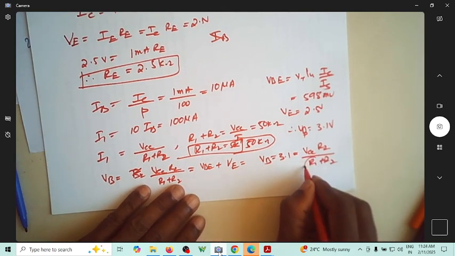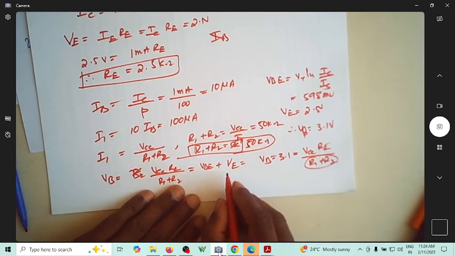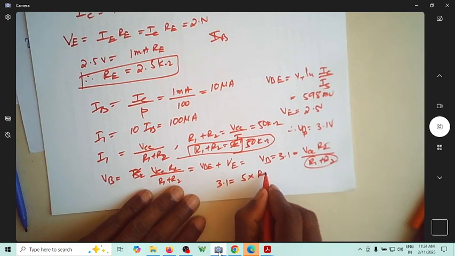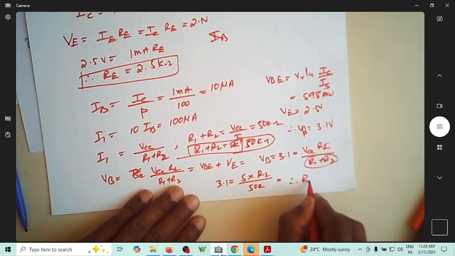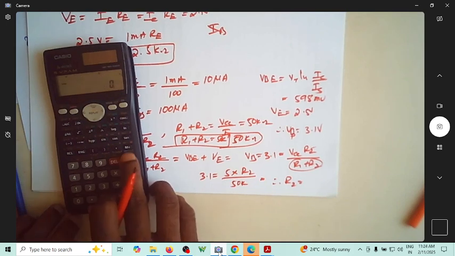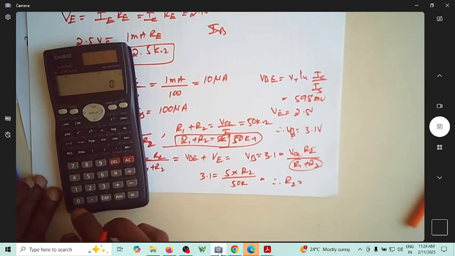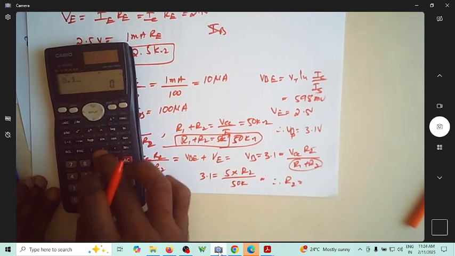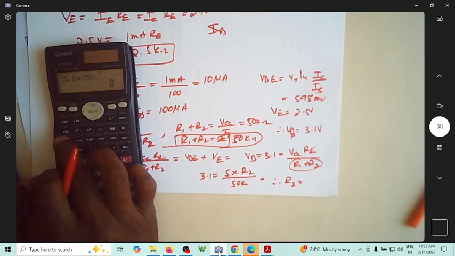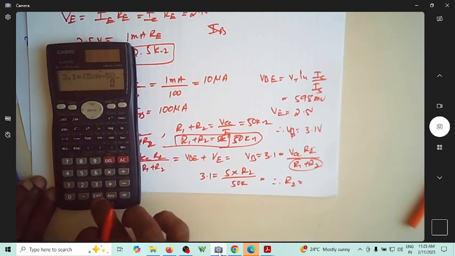So from this, since you know R1 plus R2, you can find R2. So 3.1 is equal to 5 into R2 by 50. Therefore, R2 is equal to 3.1 into 50 divided by 5.